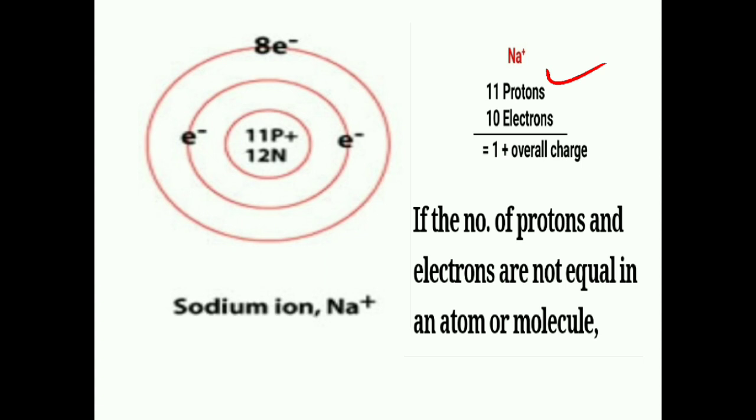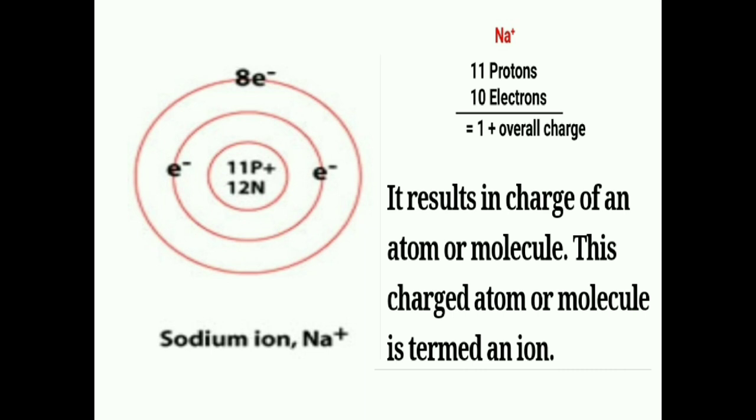If it loses one electron, it loses a negative charge, but the positive charge remains the same and there is an increase of one extra positive charge. So we write it Na+, because the atom has lost a negative charge and the positive charge has increased. So it results in a charge on an atom or a molecule. This charged atom or molecule is termed an ion.